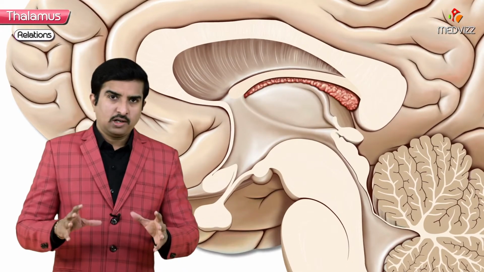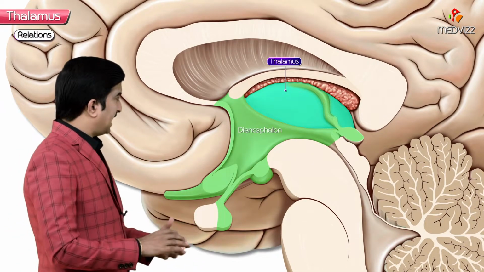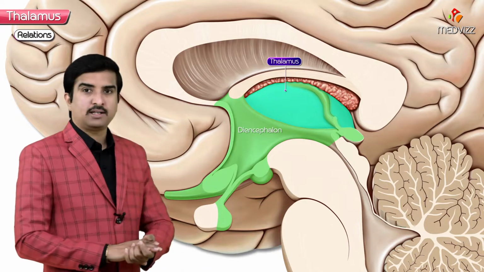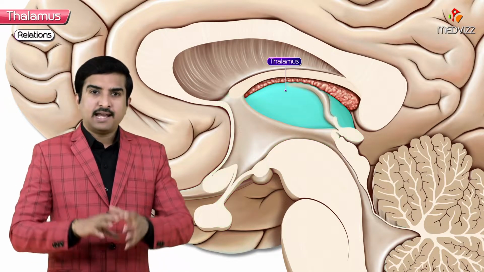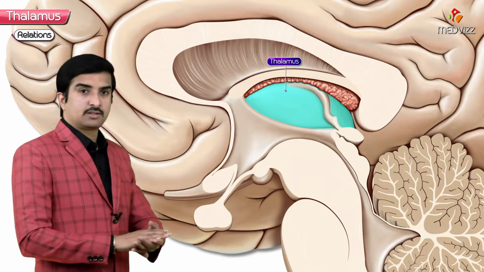Now let us talk about the relations of the thalamus. As we already mentioned, the thalamus lies at the core of the diencephalon, that is, deeper than the cortices. As a result, it is surrounded by very important structures.